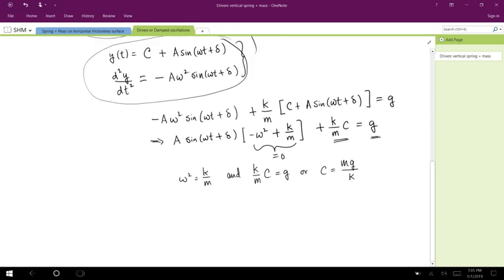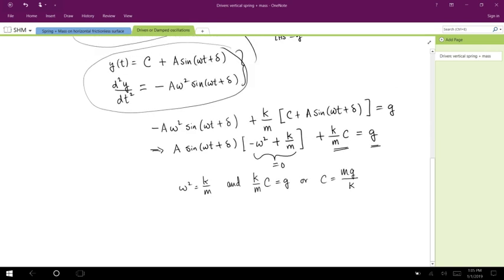So let's plug this back into our original assumption for y. That gives us y as a function of t is equal to mg over k plus A sine omega t plus delta.